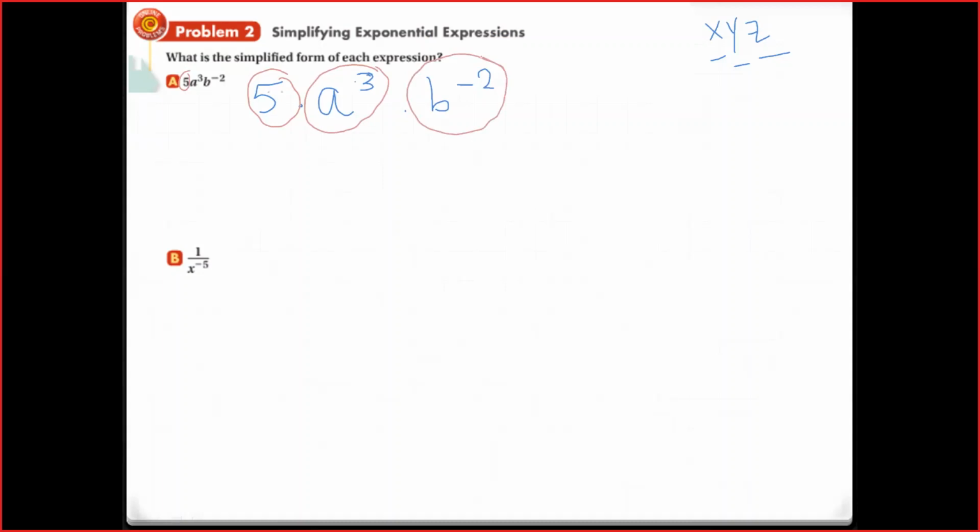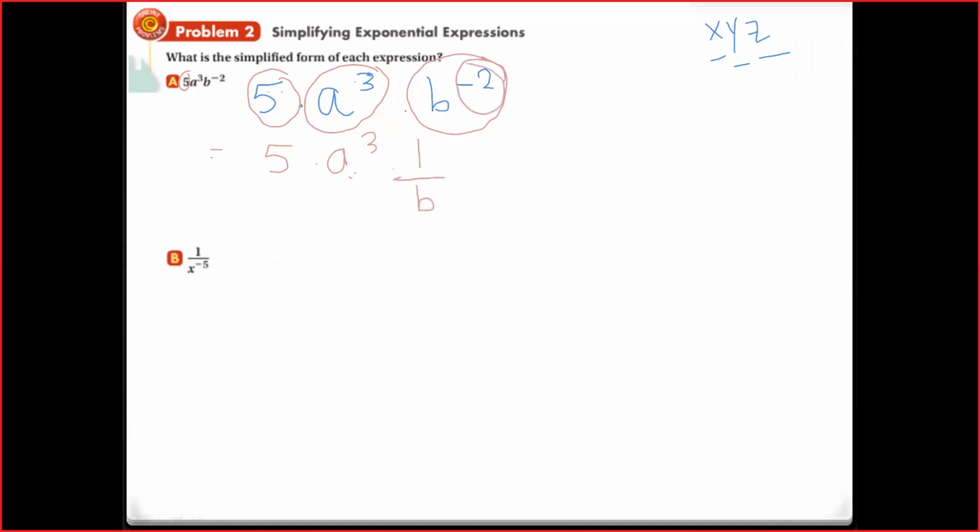I want now to simplify this expression. It will be 5. It is the most simplified one. A cubed, keep it as a cubed because it is already simplified. But b to the power -2, can I rewrite it more simplified? Yes, using the negative exponents. What is the reciprocal of b? 1 over b.